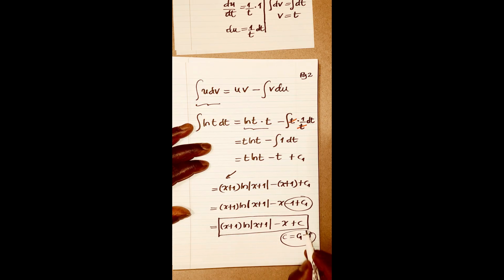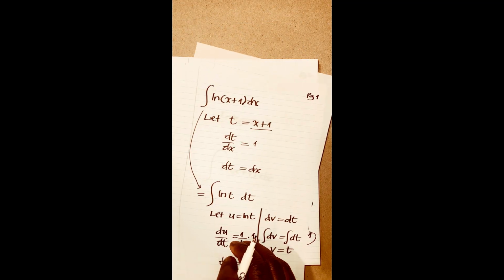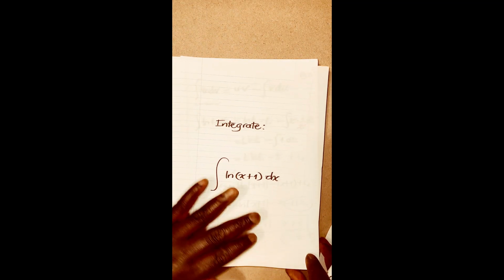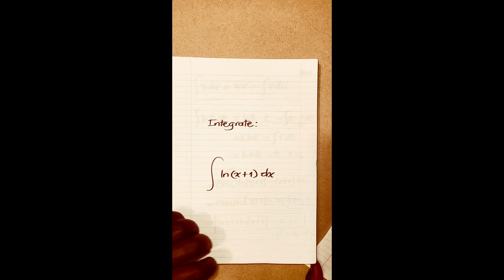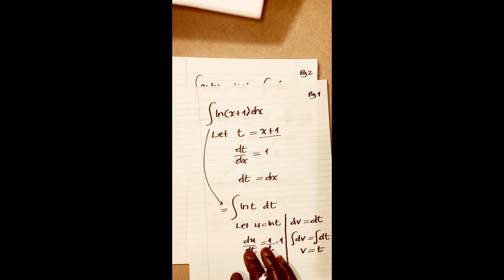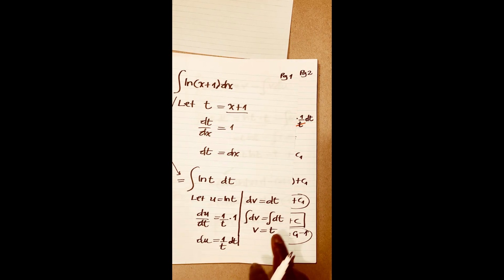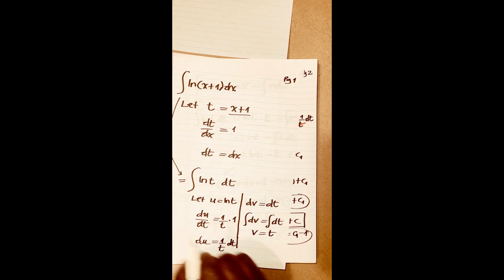Let me just show you our original integral we've been working on. It's this one here, the integral of the natural log of x plus 1 dx. Right, so how do you approach it? Well, we had to use t substitution first, which is equivalent to u substitution, but we use u in the integration by parts here, so we couldn't use u again there.